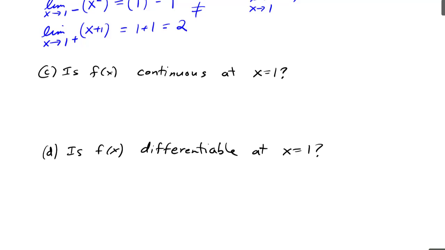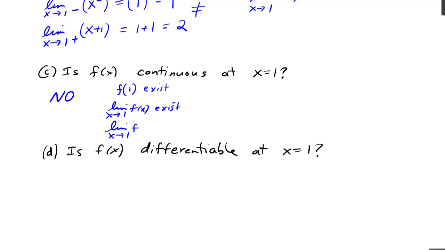So is f of x continuous at x equals 1? No. Remember, for continuity, we need 3 things. In this particular case at 1, we'd need f of 1 to exist. We would need the limit as x approaches 1 of f of x to exist.